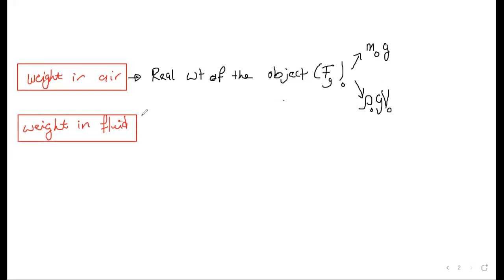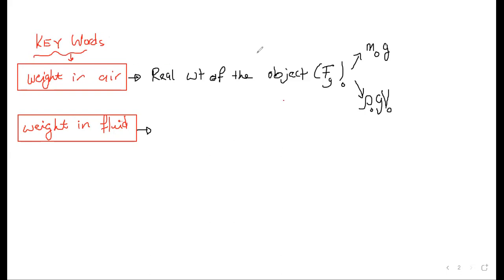Thank you, Abdullah Al-Hassan. When I find the keywords, these are keywords. Weight in air means real weight.